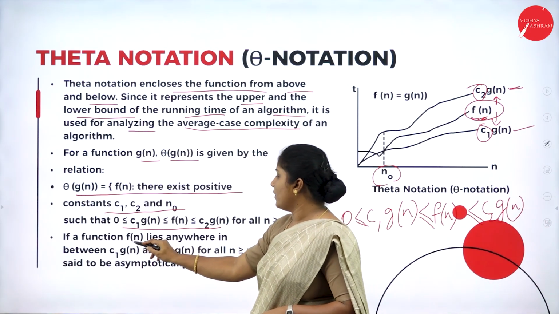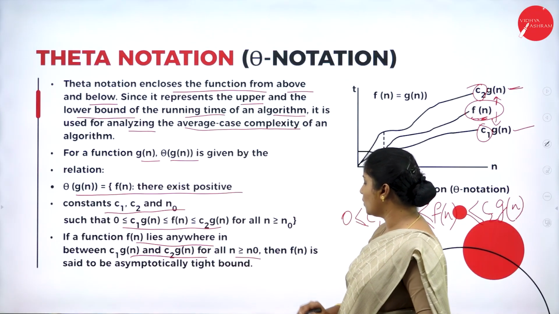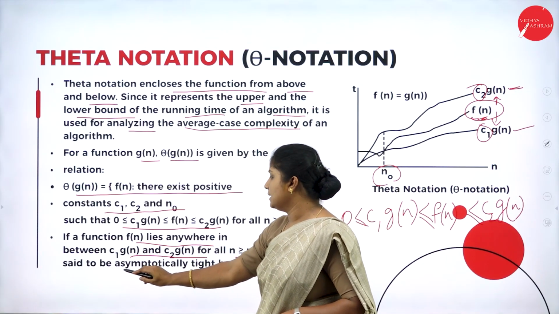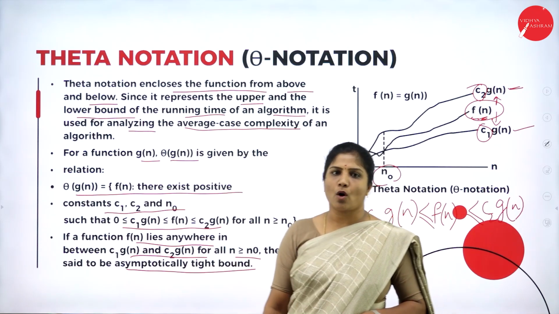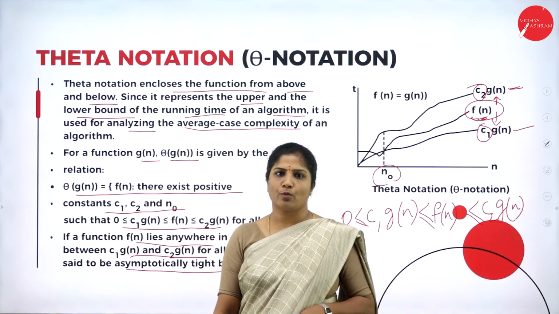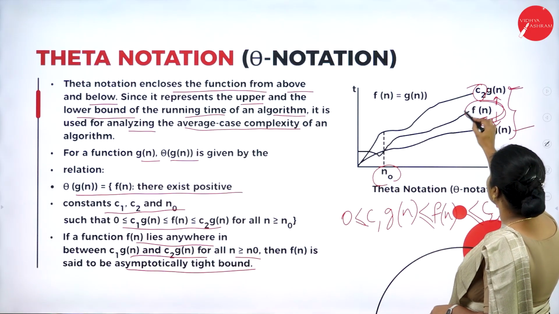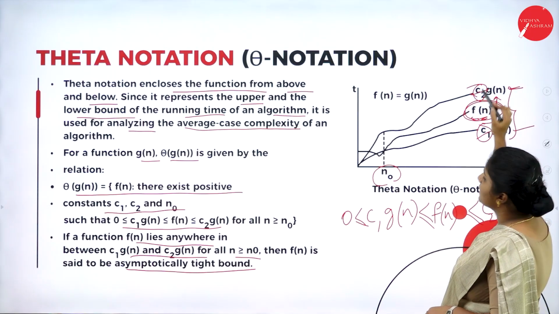If a function f of n lies anywhere in between for all n greater than or equal to n0, then it is an asymptotically tight bound. Here it is looking like a sandwich, isn't it? It is tightly bound between C1 and C2.